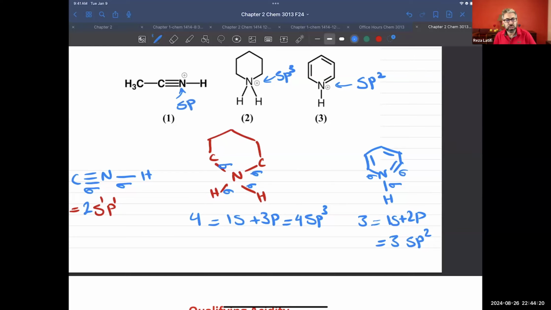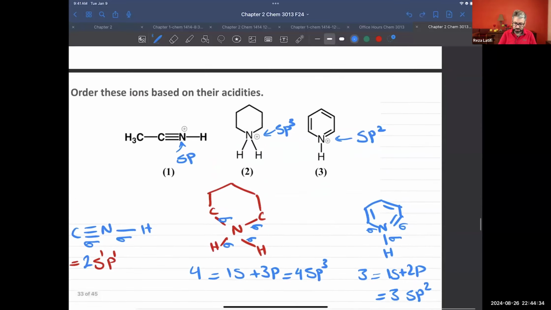If you order them based on hybridization, the one with more s character will be the strongest acid. So number 1 is going to be the strongest acid, and then you have number 3, and then number 2.